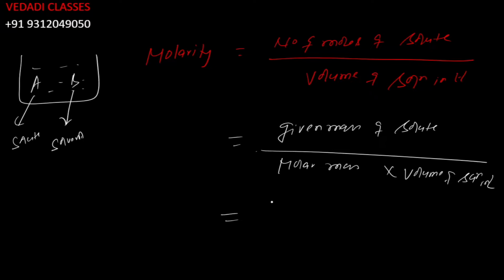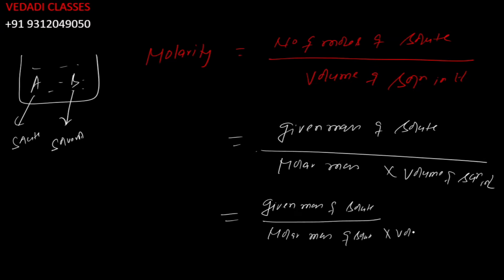Or we can write given mass of solute divided by molar mass of solute into volume of solution in milliliter, and 1000 is multiplied over here.